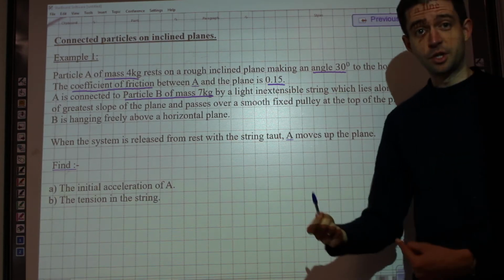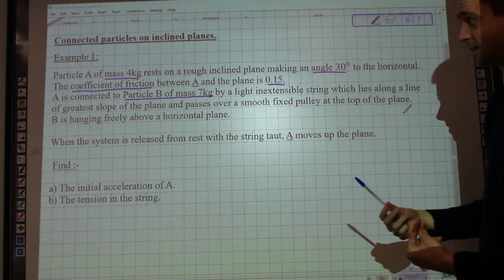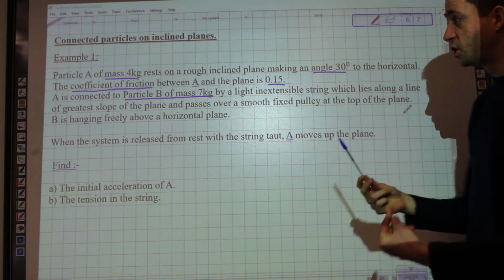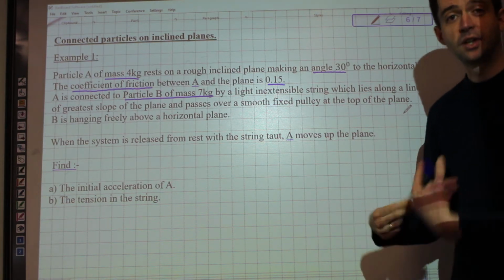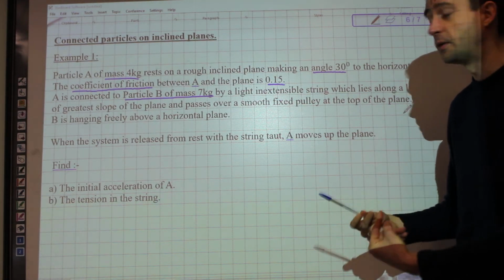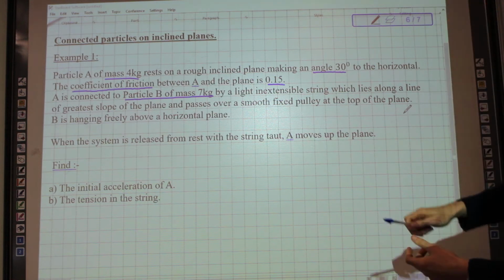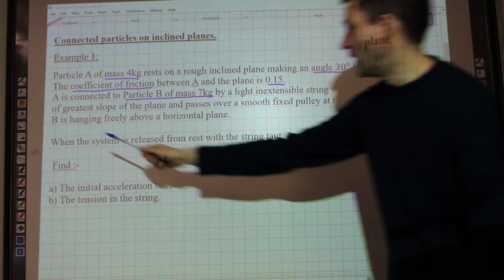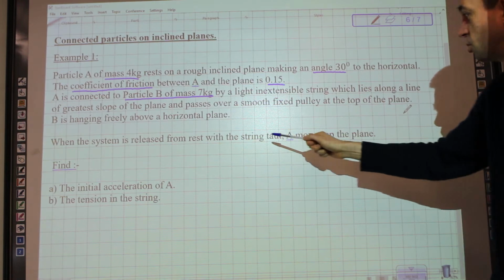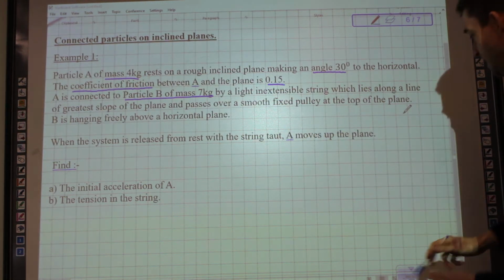Now, importantly, if you watched the previous video, you'll remember that I said it's important to know which direction the system's moving, because that's going to have an effect on how we draw on the frictional force. So it says here, when the system is released from rest with the string taut, A moves up the plane.